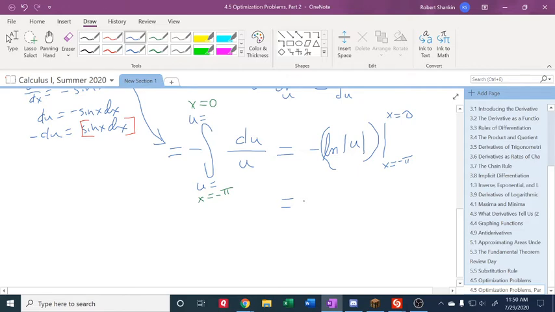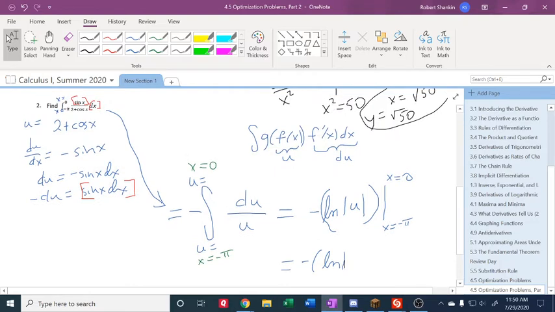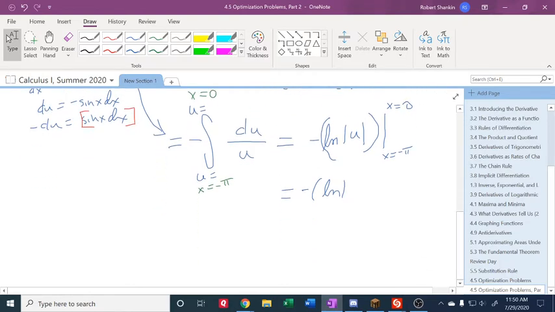So since these are x's and that's a u, we'd have to replace u with what it is. u was, scroll up and look, 2 plus cosine x. Here, ln, absolute value of 2 plus cosine x, evaluated from x equals negative pi to x equals 0.